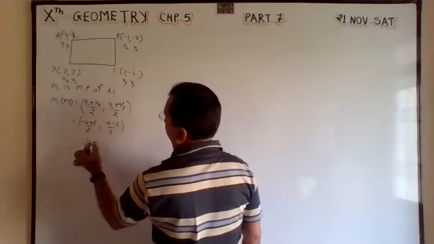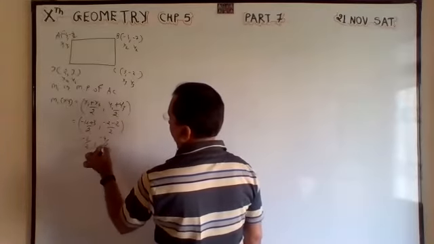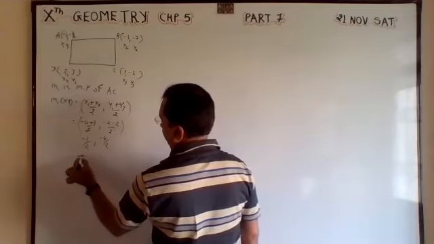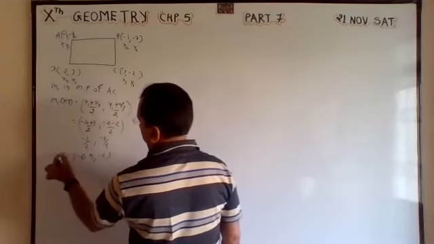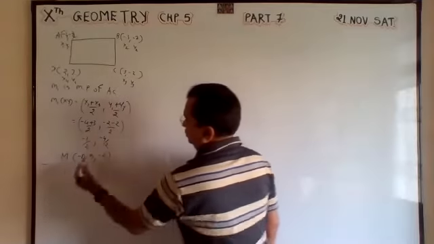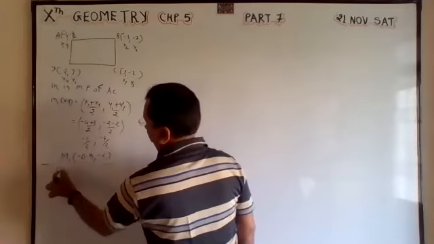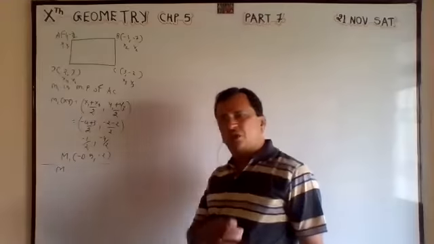So minus 1 divided by 2, 0 divided by 2, so minus 0.5 and 0. This is M1. Same for M2. Capital M is a midpoint, small m is a slope.